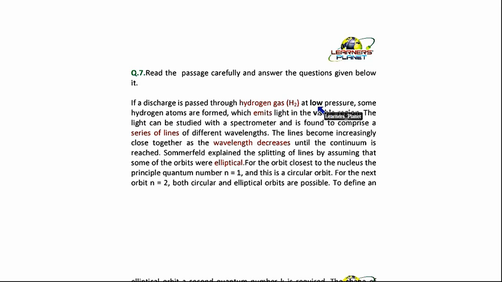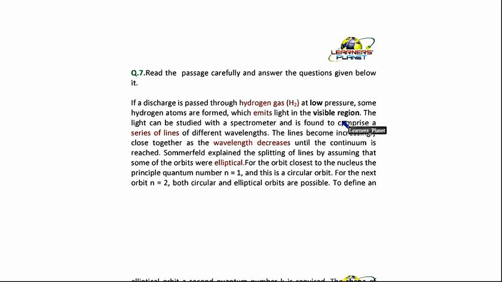If a discharge is passed through hydrogen gas at low pressure, some hydrogen atoms are formed, which emit light in the visible region. In the discharge tube, you have taken a hydrogen molecule, and when you pass an electric discharge, hydrogen atoms are formed.